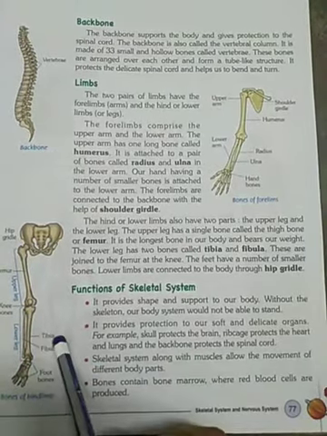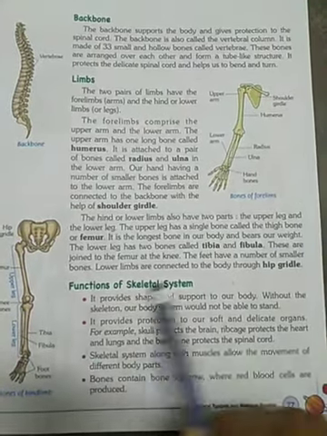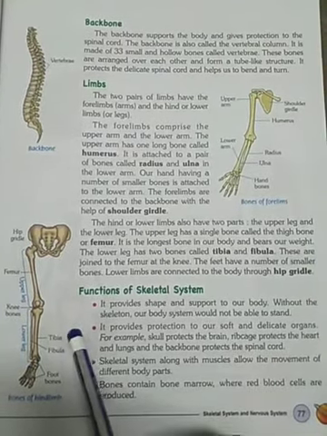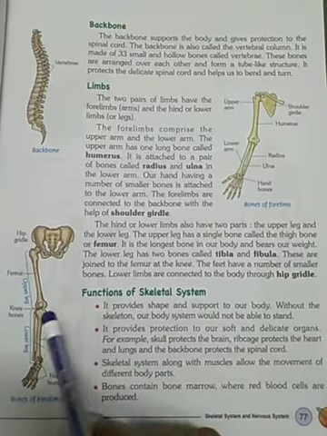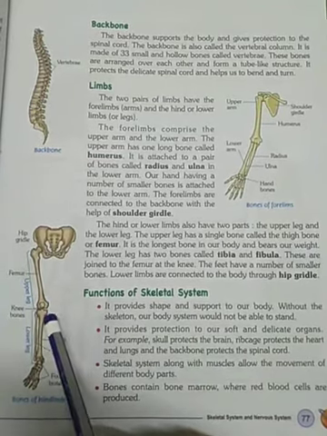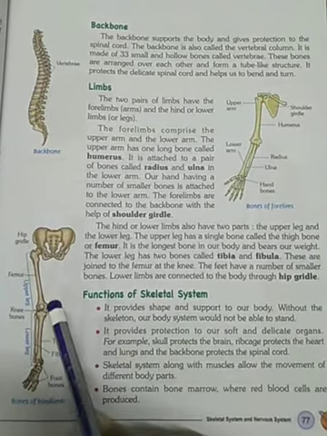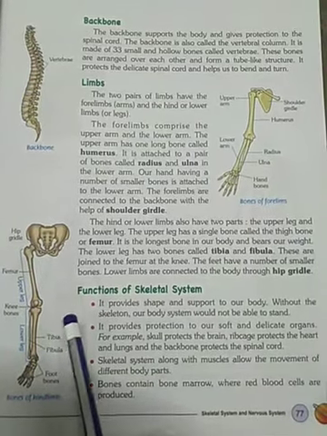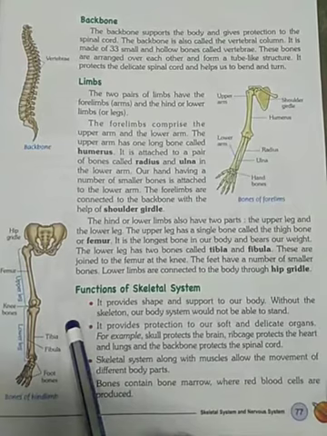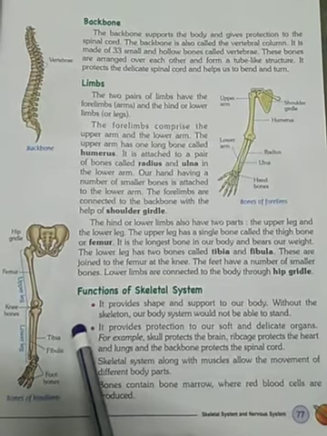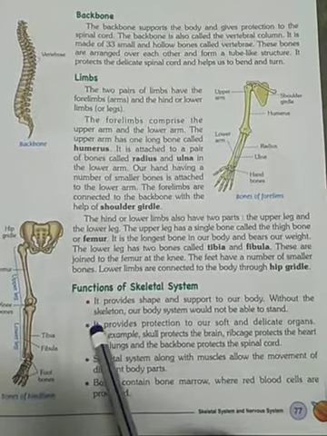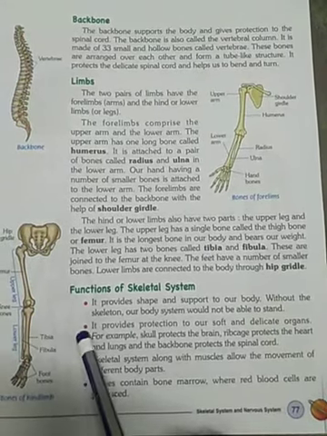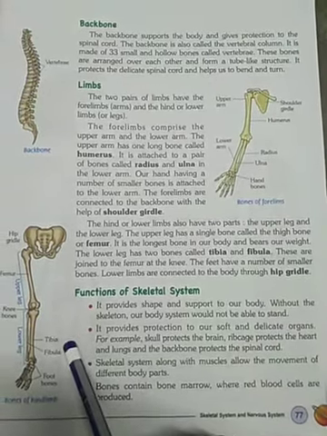Now you will know about the functions of the skeletal system. So the skeletal system provides shape and support to our body. Without the skeleton, our body would not be able to stand, right? And it provides protection to our soft and delicate organs. For example, the skull protects the brain, the rib cage protects the heart and lungs, and the backbone protects the spinal cord, etc., right?